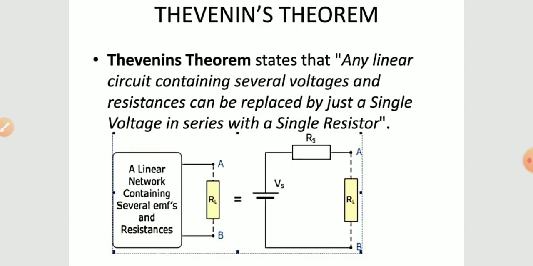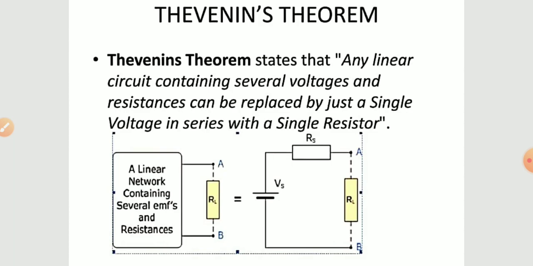Thevenin's theorem states that any linear circuit containing several voltage sources and resistances can be replaced by just a single voltage source in series with a single resistor.